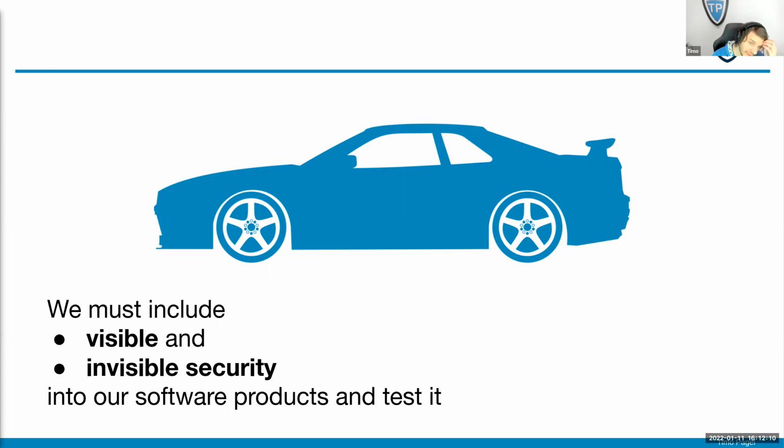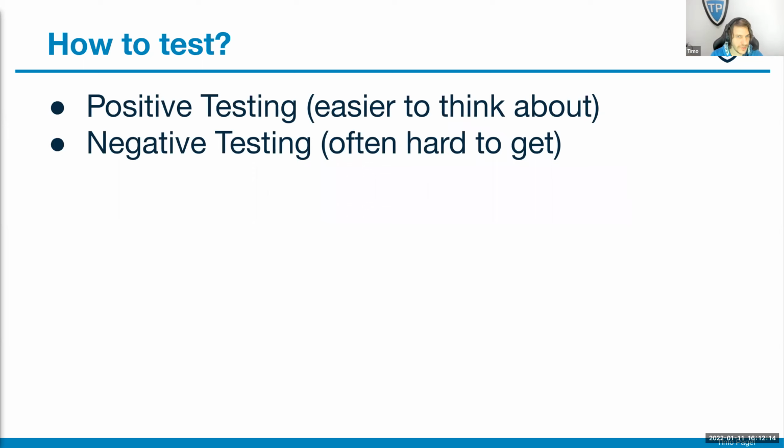To test it, there are different types of testing which you might know. There is positive testing, which is easier to think about. So for example, when we think about access management, we can have a scenario to see if a user logs in successfully and the credentials are correct. And negative testing is a bit harder, I feel.